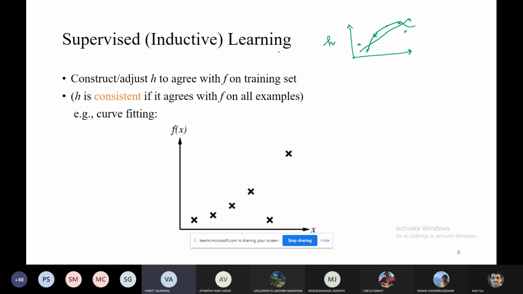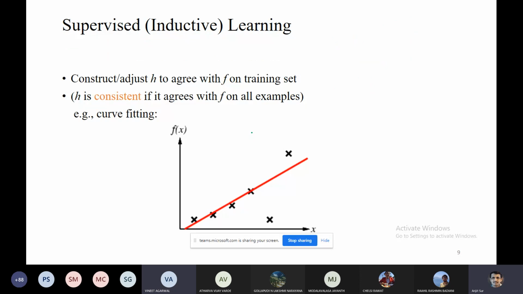That kind of thing we can predict, or we can hypothesize. So construct or adjust h to agree with f on the training set. We are trying to find h, the hypothesis function, so that it is closely related to f. f is the idealistic setting, the function behind these data points, and h should agree with f on all examples. So it is a kind of curve fitting example.